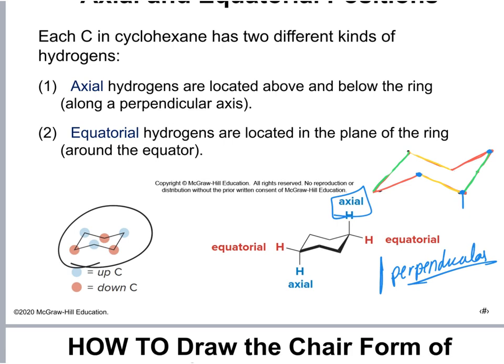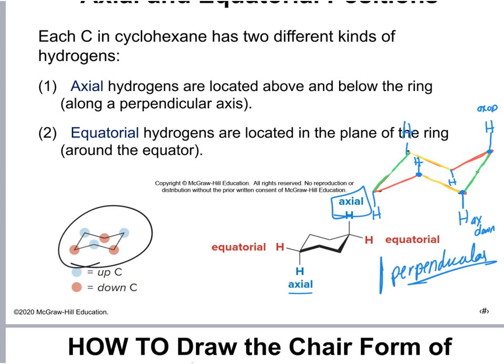If this is down, make sure it's perpendicular, up and down. This is axial down. Then we go around: axial up, axial down, axial up, axial down, axial up. And that's all your axial.